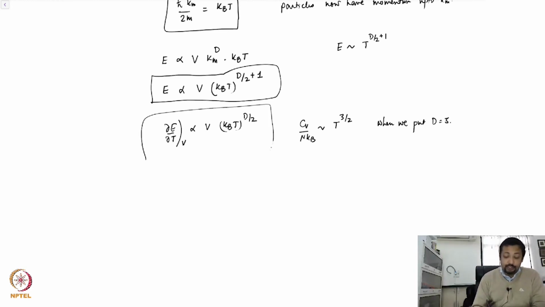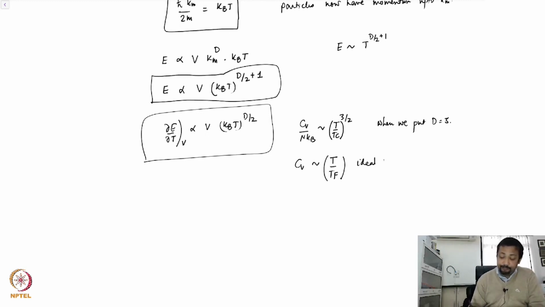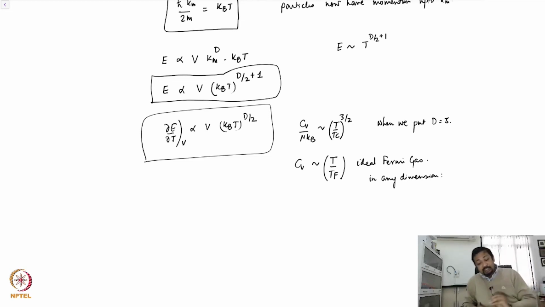So this is the more general result, and unlike a Fermi gas where your specific heat was linear, so one can write this as T over Tc, and here we had T over TF. This was for an ideal Fermi gas in any dimension. So for any arbitrary dimension d, your specific heat for an ideal Fermi gas was always linear.